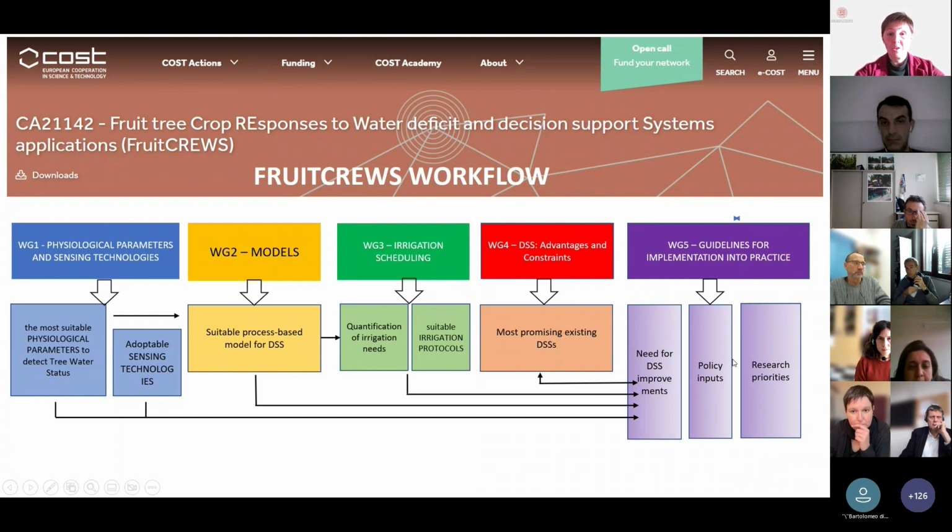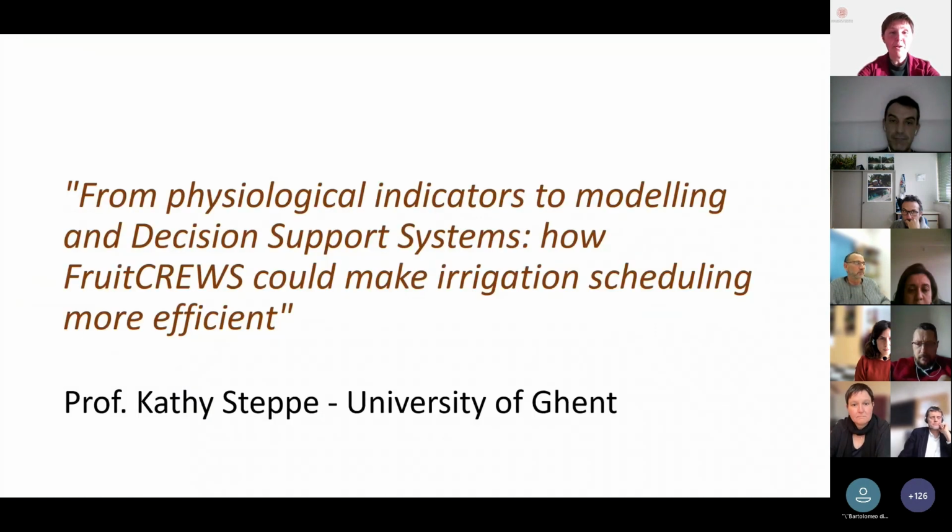Working group 5, based on the results of the project, will also try to provide inputs to policymakers in order to improve the adoption of these systems and irrigation water use efficiency, but also to identify research priorities for the future, so as to start getting organized for future research. So this is the general idea of FruitCREWS, and based on this general idea, I give the floor to Katie Steppe for her seminar.